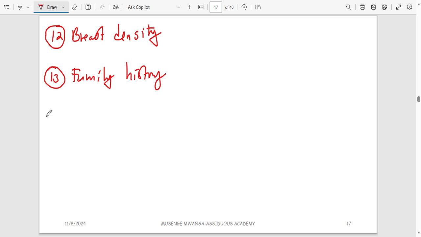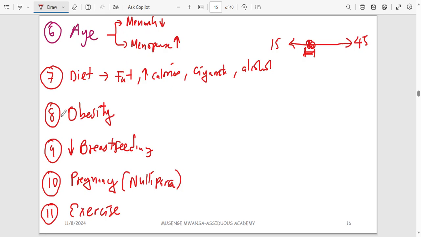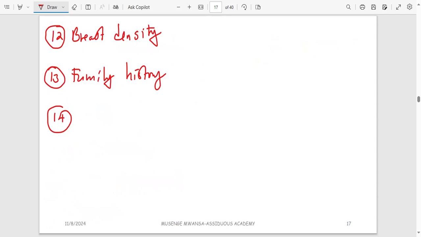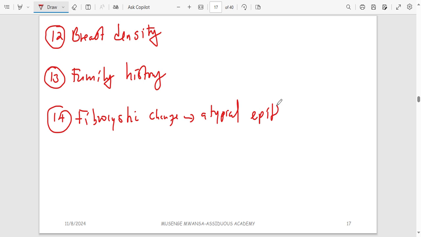So any other factor that someone is thinking of? Okay, we can also mention fibrocystic change, especially when it is associated with atypical epithelial hyperplasia.